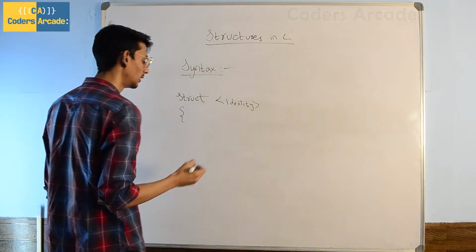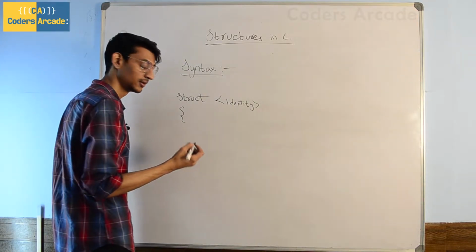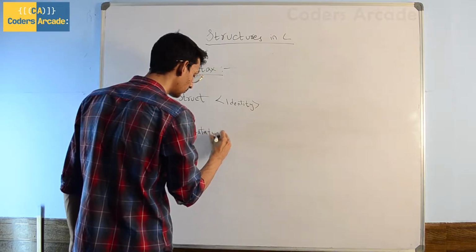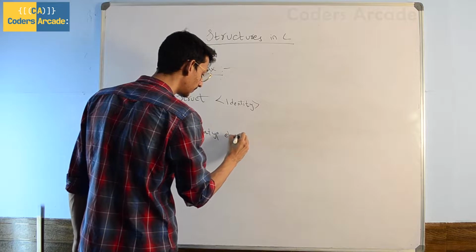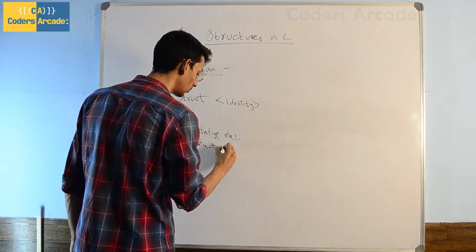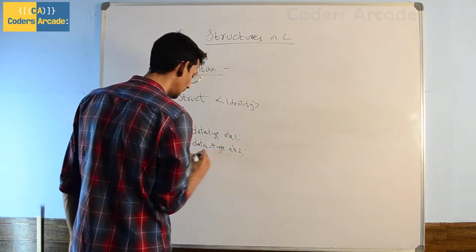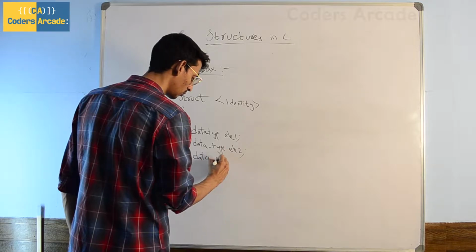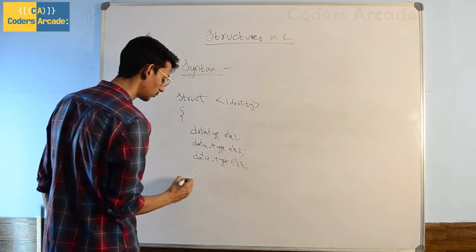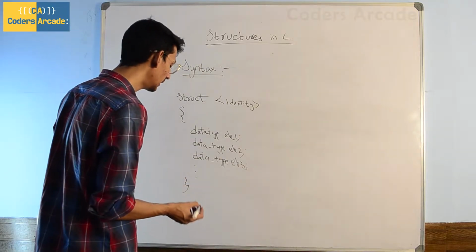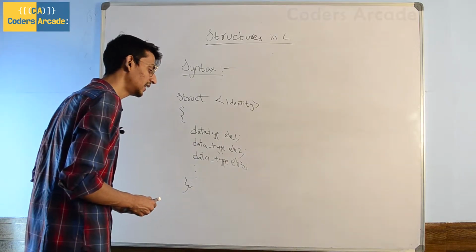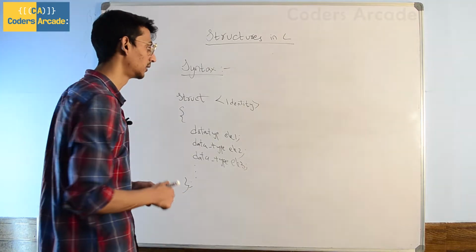Then inside our structure, we'll define our multiple elements followed by their corresponding data types, like data type element 1, data type element 2, and data type element 3, and so on. At the end, it is a must to put in a semicolon. Remember it. Now let us see an example.